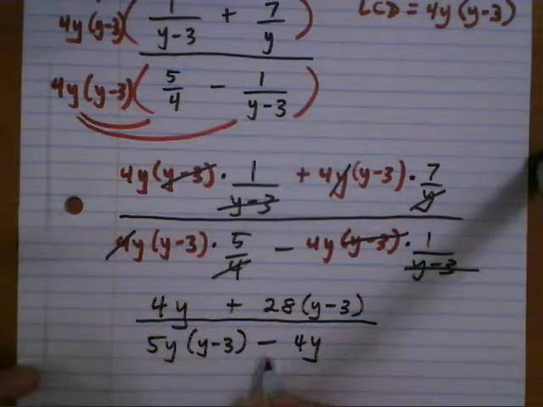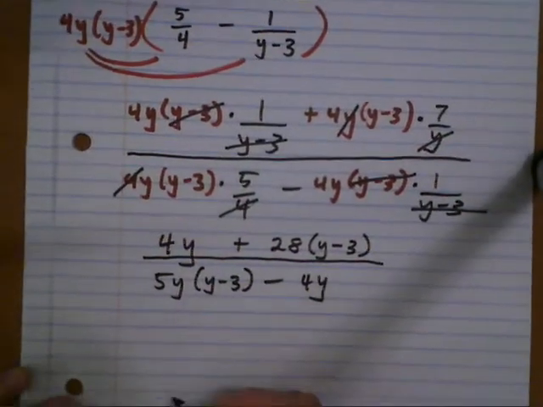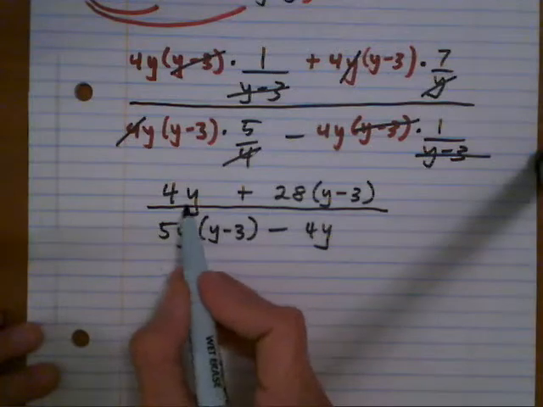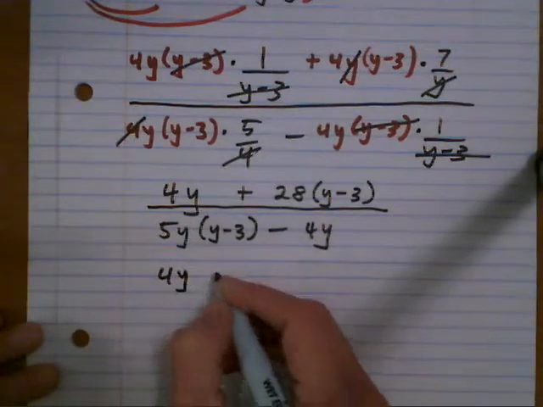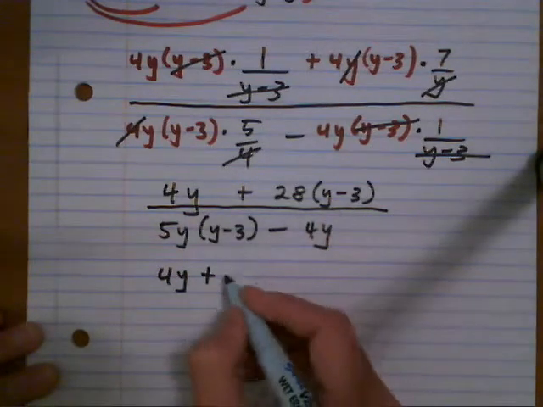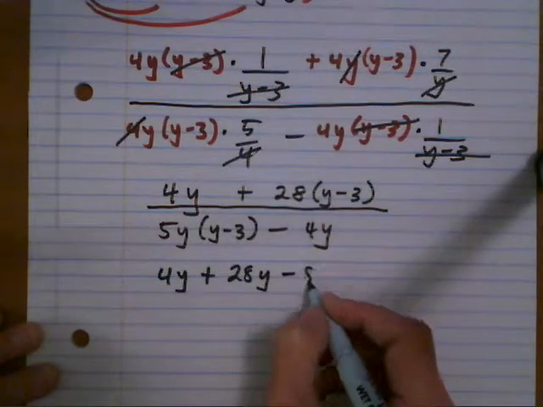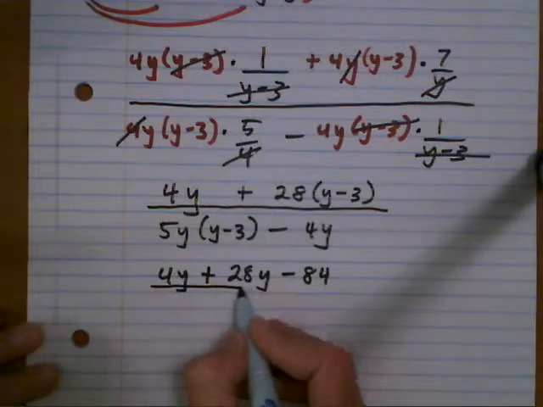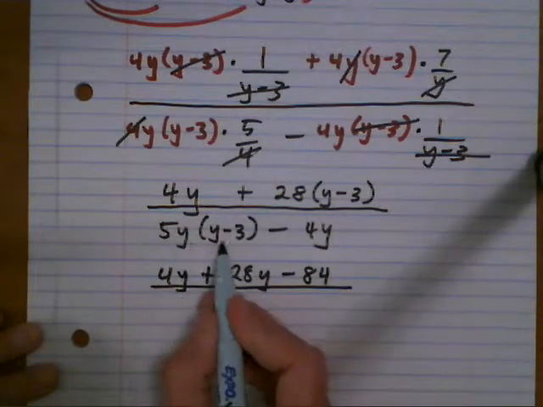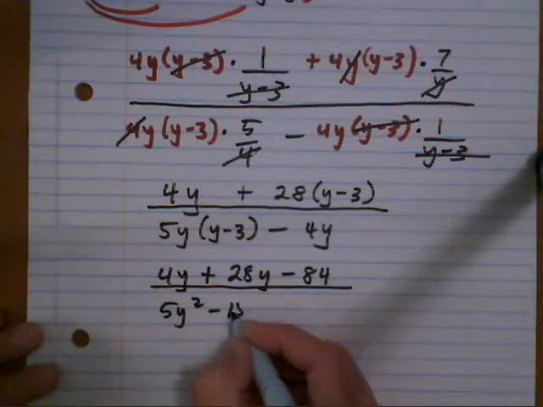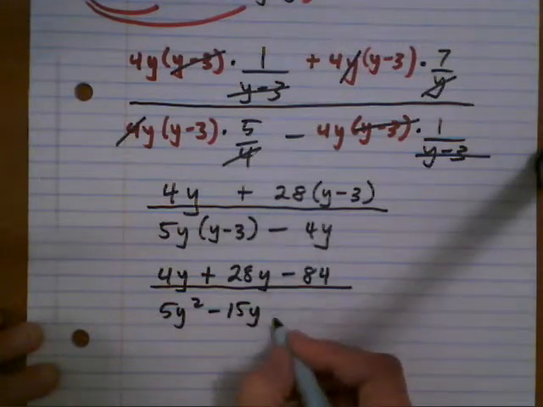So minus 4y. And now we want to simplify what we have. So we have 4y plus 28y minus 84, all over 5y times y minus 3, which would be 5y squared minus 15y, and bring down the minus 4y.